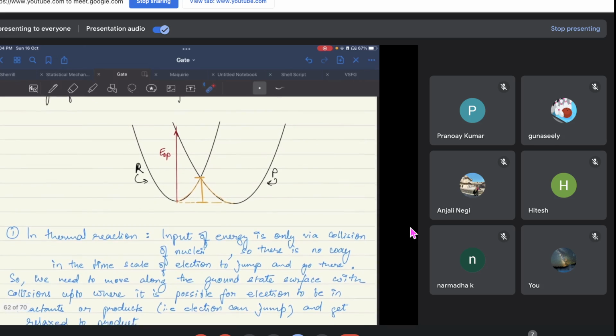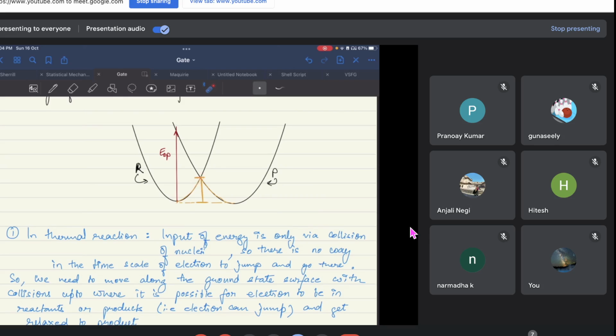So what is happening in the thermal reaction is that this is denoted to reactant, and this is my product here. My reactant, having some collision, will be possible to thermally get excited, and the energy will rise up to here where there is a point.